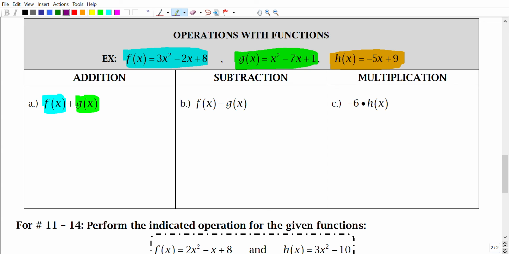I'm going to go ahead and write what f of x is. It's right here. So I'm going to write f of x as 3x squared minus 2x plus 8. Now I have a plus.